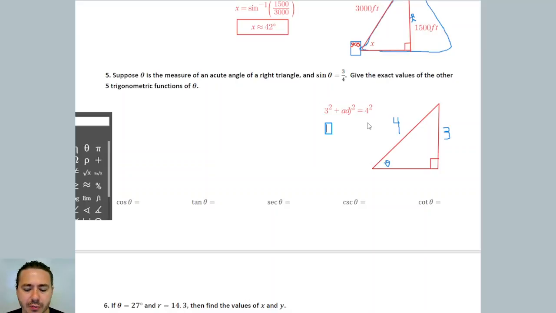I'll leave the word adjacent there to point out what it is. Adjacent squared equals 16. So 16 minus 9 would be 7, right? So what we're going to get for that adjacent side is root 7.